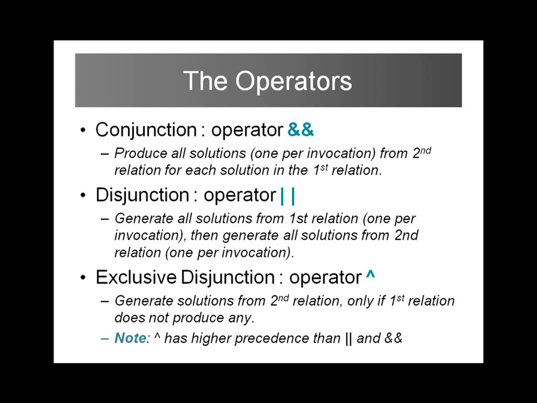Otherwise, the entire exclusive OR operator is considered a failure. You can think of it as generating solutions from the second relation only if its first relation never produces any solutions. And if the first relation does produce any solutions, it keeps looping over those solutions till they're exhausted.